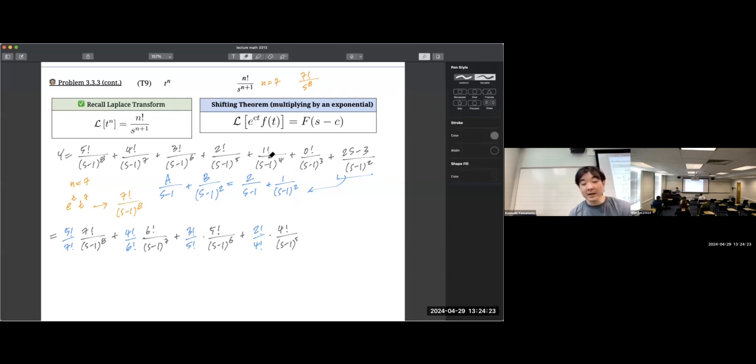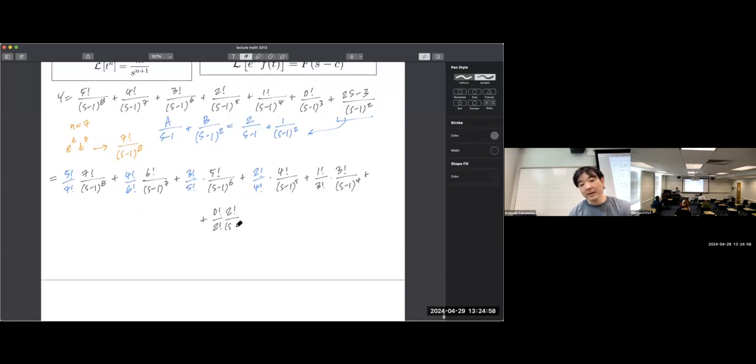This next entry is n is equal to 3, so it's going to be plus 1 factorial over 3 factorial times 3 factorial over s minus 1 to the 4th. Plus this last one is n is equal to 2, so it's 0 factorial over 2 factorial, 2 factorial over s minus 1 to the 3rd. I'm going to move to the next line here.